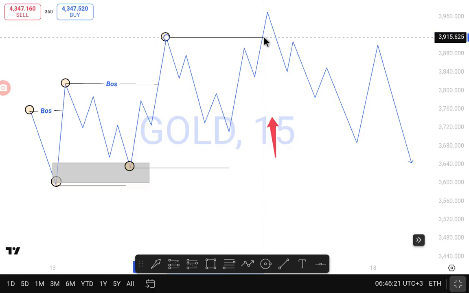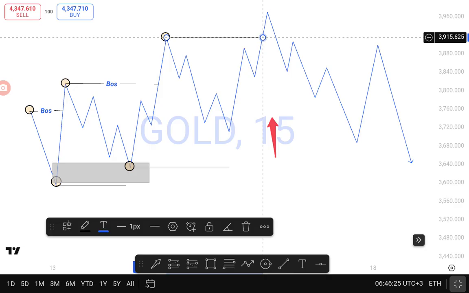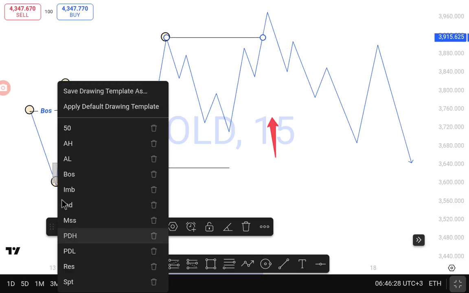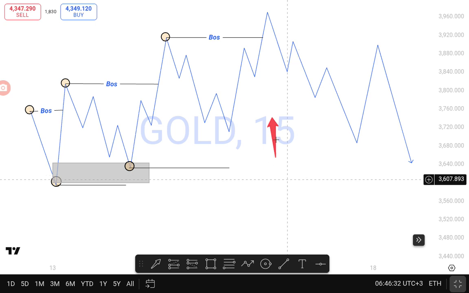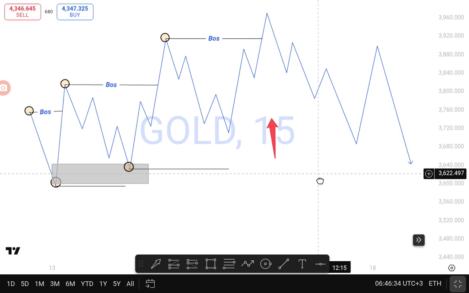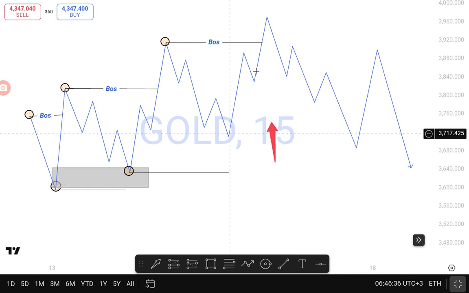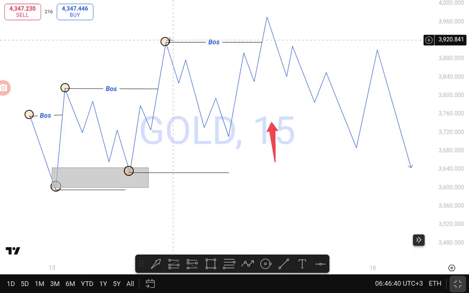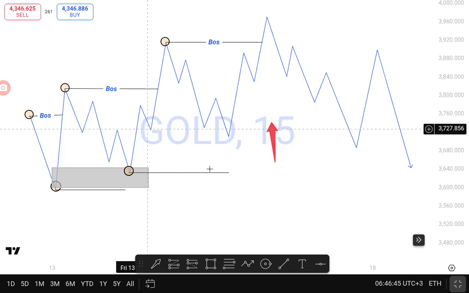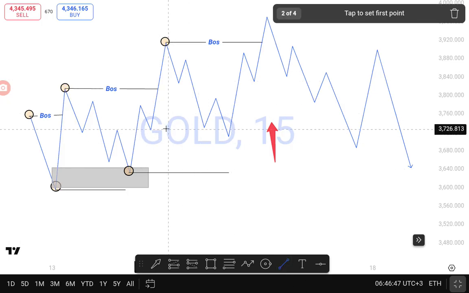We get another break of structure like that, confirming we are still shifting. Now look, after break of structure, what is next? We have seen price from our trading range from this point to this point. Price has really retraced.